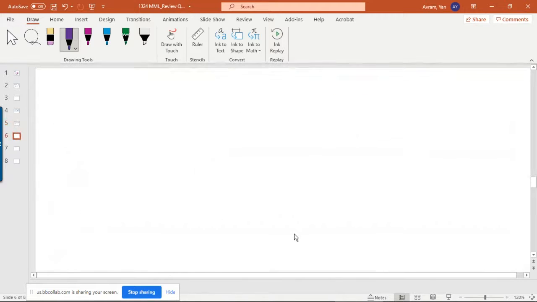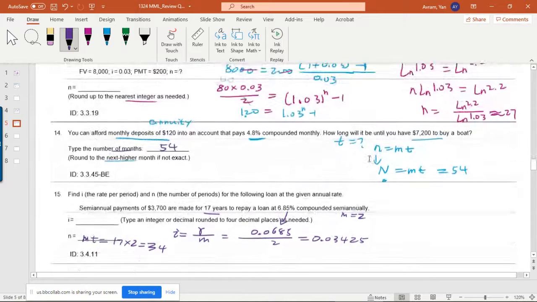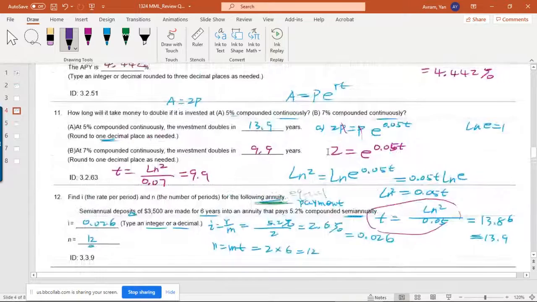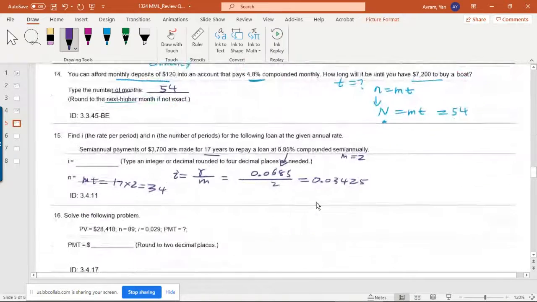All right, 2 more questions for tonight. This one, you want to find a payment. Remember the formula we have earlier. I'm not showing you how to use the app here, or you can use the formula. If you do not like the app, you can use the formula.